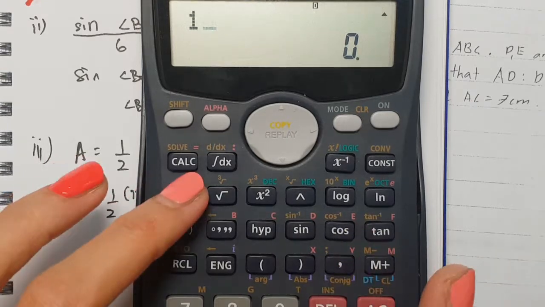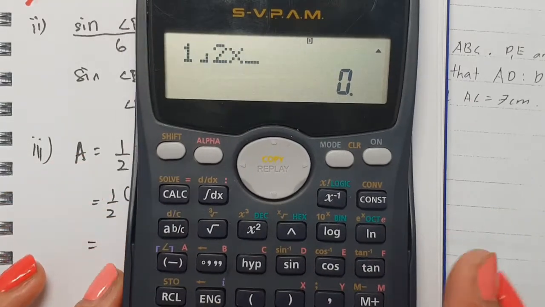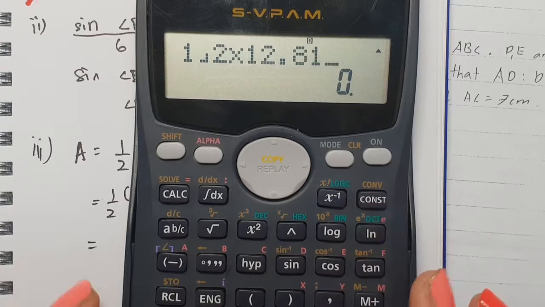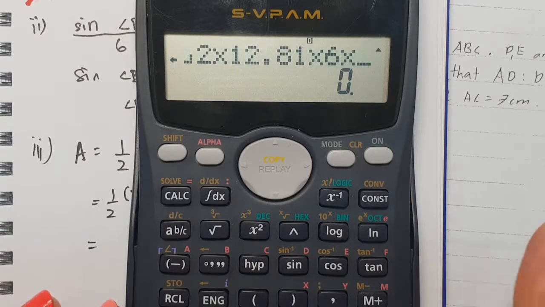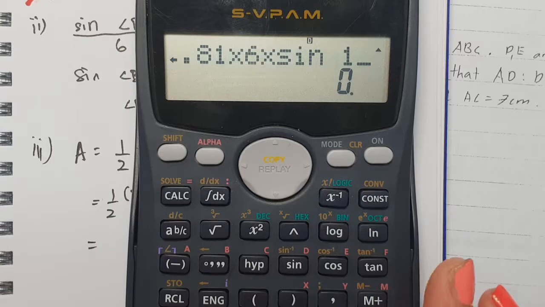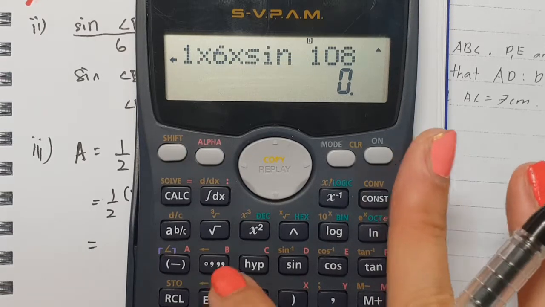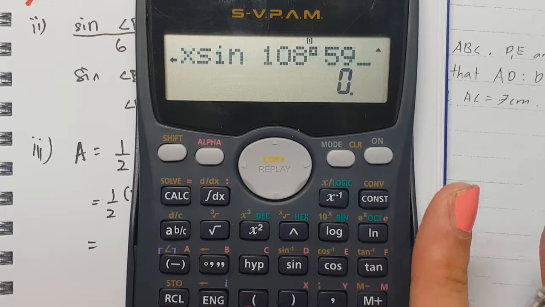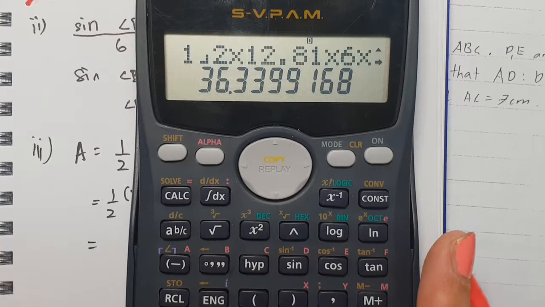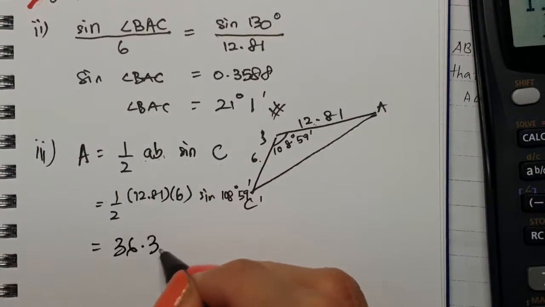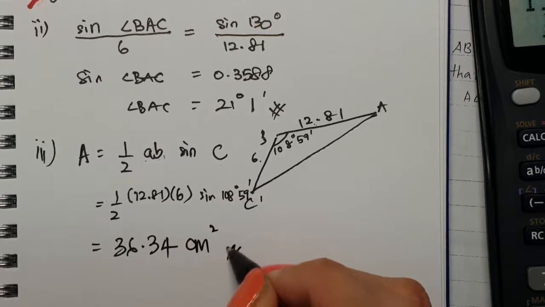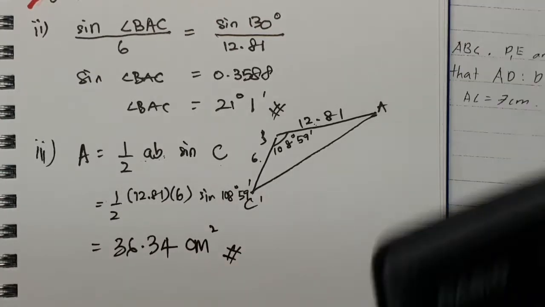So half times AB, 12.81, times BC, times sine C, where C is 108 degrees 59 minutes. So the answer is 36.34 cm squared. So we just found the answer to question number 14.